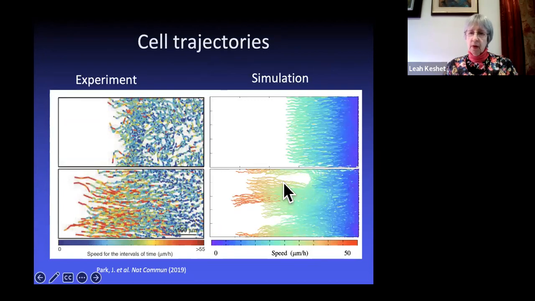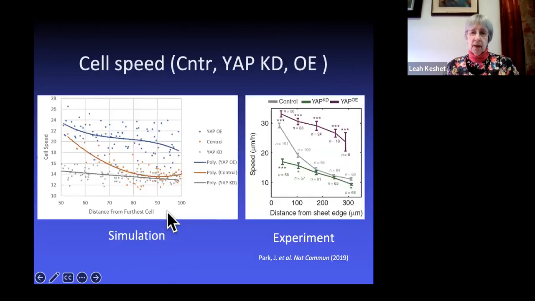Our simulations also recapitulate the kind of trajectories that they found experimentally, as well as behavior such as cell speed as a function of distance from the cell edge. The data from the paper, the experiments, are on the right here, and the simulation is on the left.